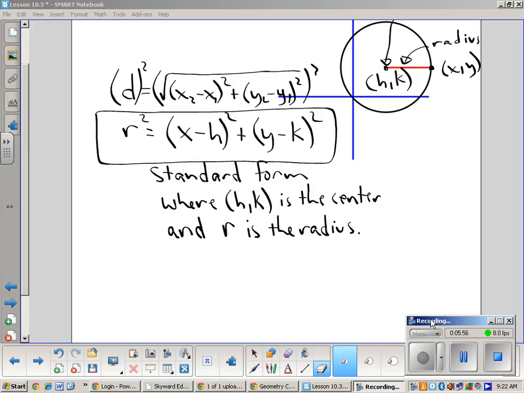So, let's take one similar to their first example. They said, write an equation of a circle with center (-4, 3) and a radius of 4. Let's do that with a different one.